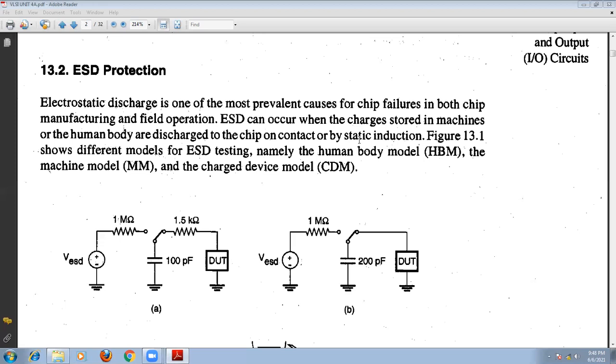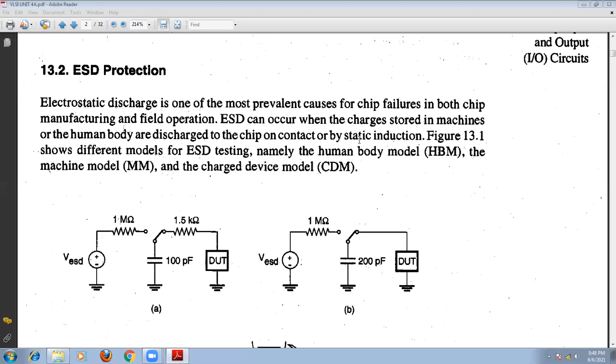Whenever he touches his finger on the circuit, that charge will be discharged from the body and enter into the device under test, that means the circuit. That high voltage signal is transferred into the circuit and the circuit will collapse. That is why it is called electrostatic discharge.